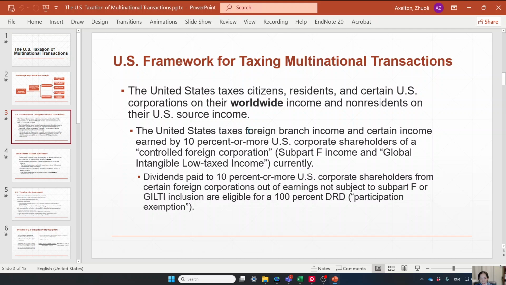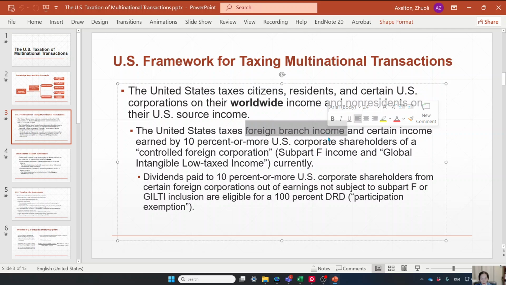Again, the key here is to tax foreign branch income and certain income earned by 10% or more U.S. corporate shareholders of controlled foreign corporations. In this case, that means if there's a subsidiary owned 10% or more by a U.S. corporate shareholder, then only certain income is subject to U.S. tax right away.